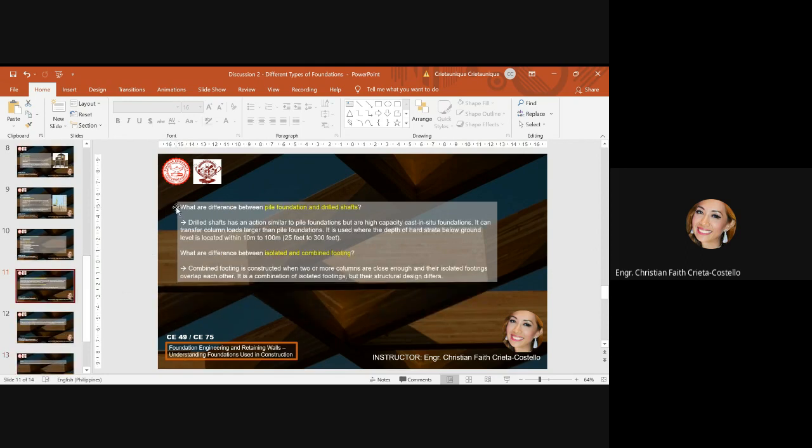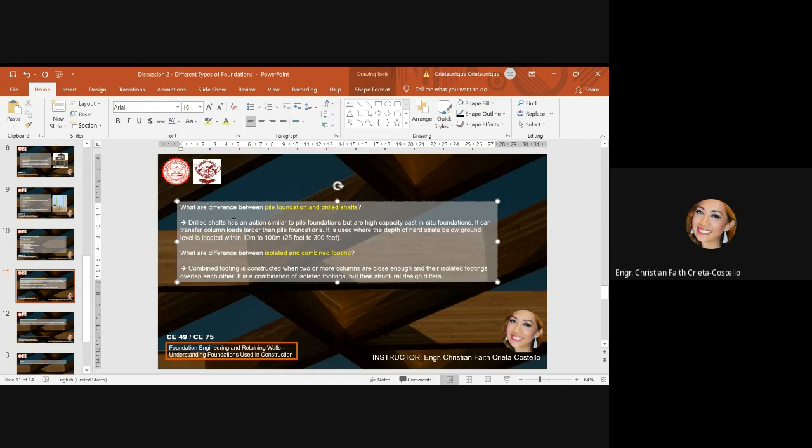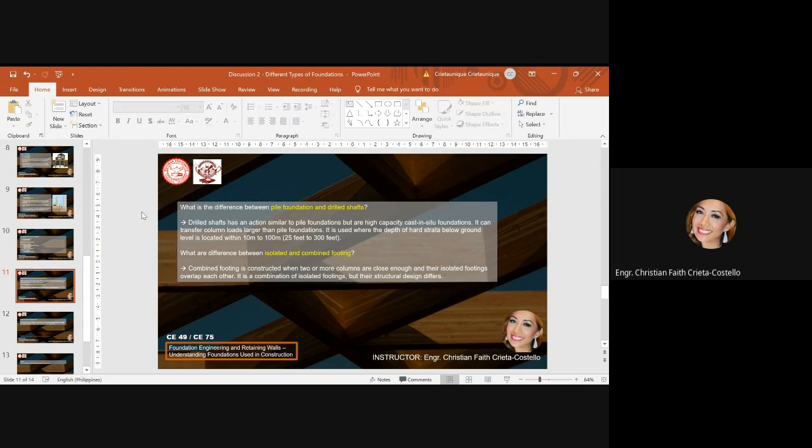Now, what is the difference between pile foundation and drilled shafts? Drilled shafts have an action similar to pile foundations but are high-capacity cast in situ foundations, which can transfer column loads larger than pile foundations.